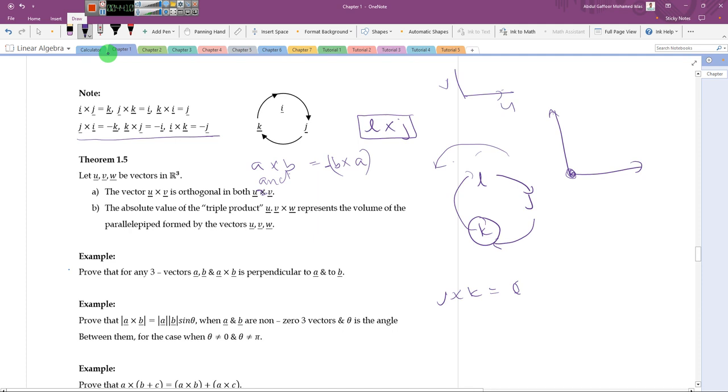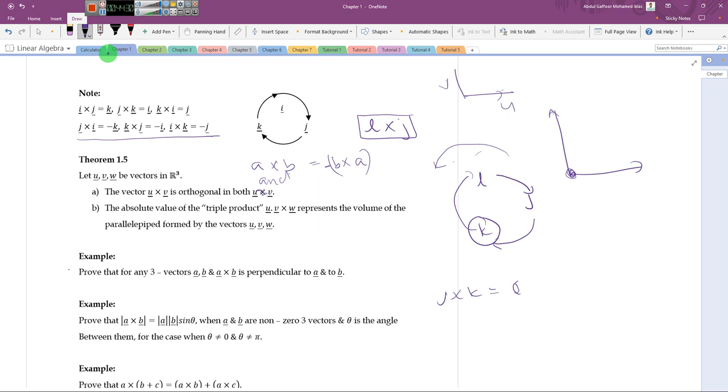now you see i, j, k. So this is i, let's say, and this is j, and this is k. So i, j, k are mutually orthogonal to each other, which means i dot j is equal to 0 because they are perpendicular, but i dot i is equal to 1 because they are parallel, right?